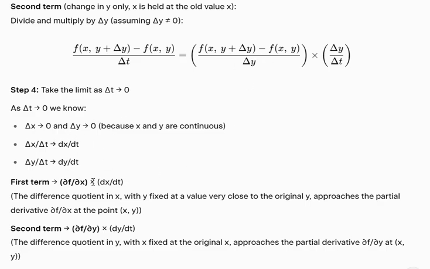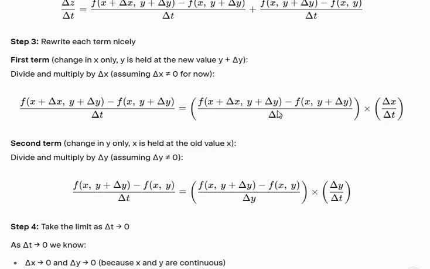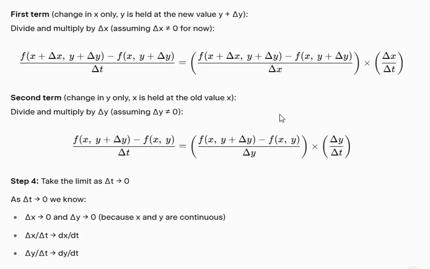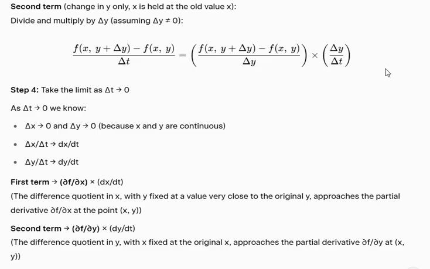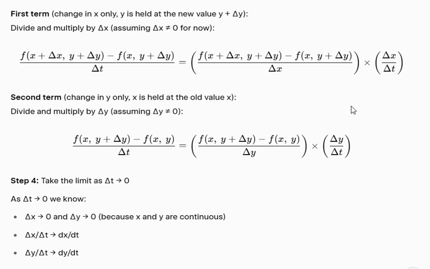And the first term we can rewrite as df by dx. That is the change with respect to x only, keeping y constant, we have only changed x here. That is called df by dx and dx by dt.